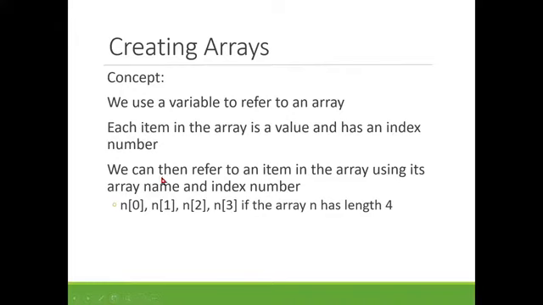So when we refer to an element in the array, we're going to use the array name and the index number, and we're going to use these square brackets. And so if we have an array called n with length 4, we're going to have indexes 0, 1, 2, and 3, and we can access them in this way. It's basically like having 4 separate variables to store values.